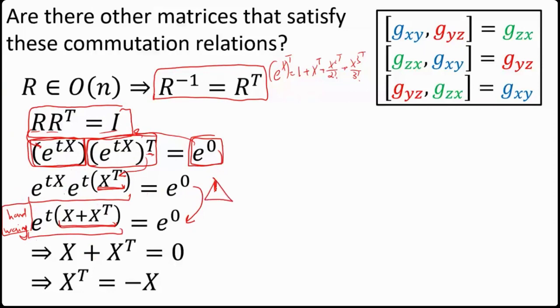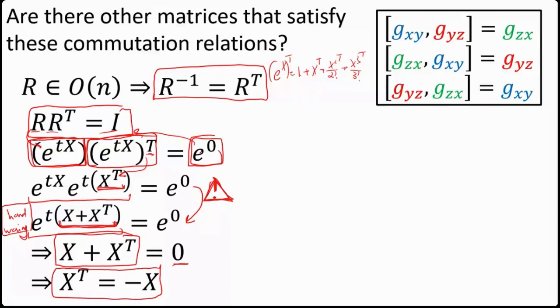So this step maybe comes with a warning sign, because I'm making a simplifying assumption, but I'm not going to worry too much about that. Maybe this slide should not be taken literally, but it's kind of like an argument, a half proof, just to get us going. So if I look at the exponents, I basically get x plus x transpose equals 0, or x transpose equals minus x.